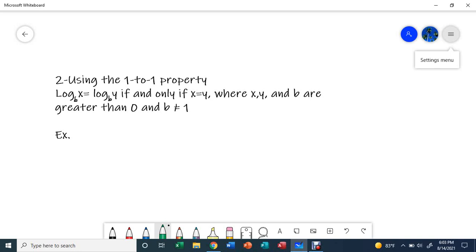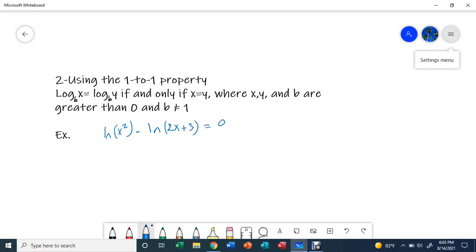For example, let's solve this equation: ln of x squared minus ln of 2x plus 3 equals 0.